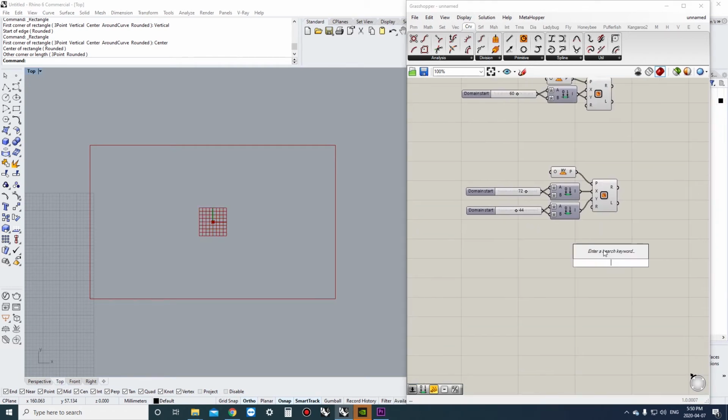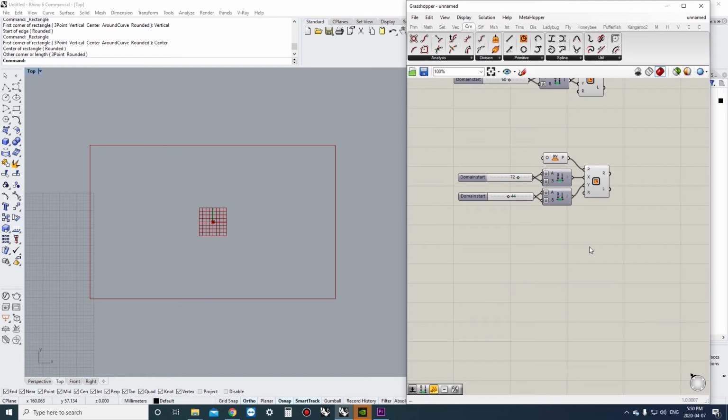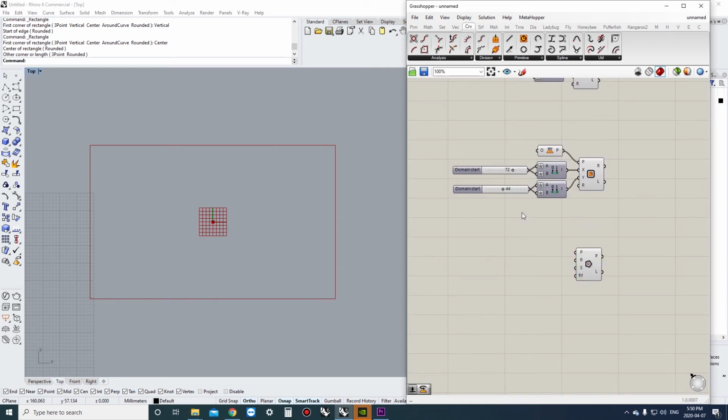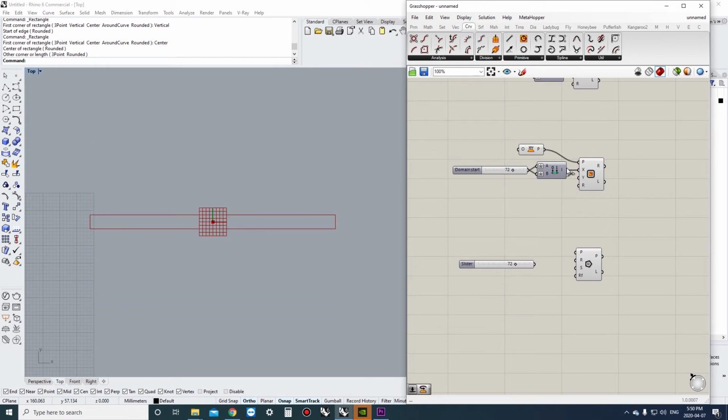The other way that you may want to build your rectangle or your square, this would only work for a square depending on the circumstance, is you might want to use a polygon. But with a polygon, the dimensions work a little differently than the rectangle component, and I'll show you that in a second.